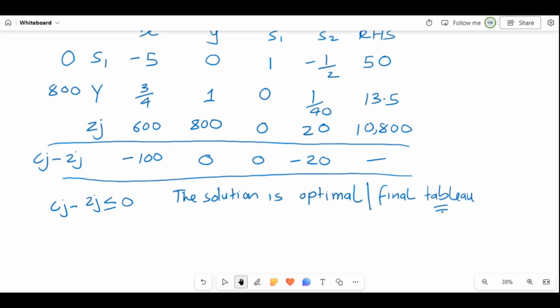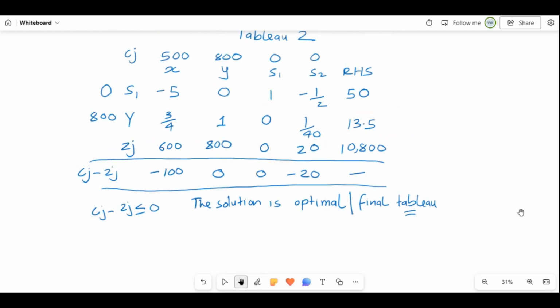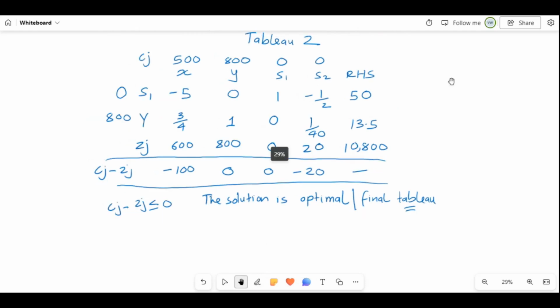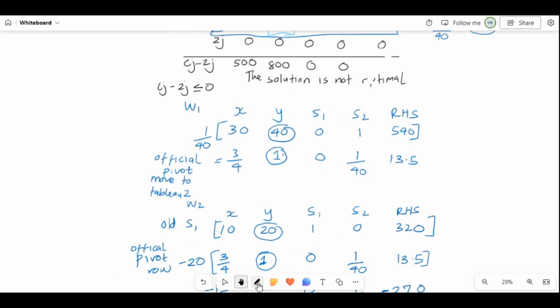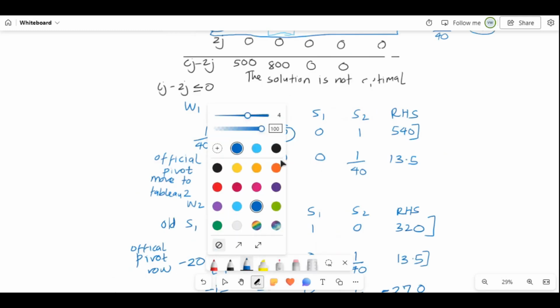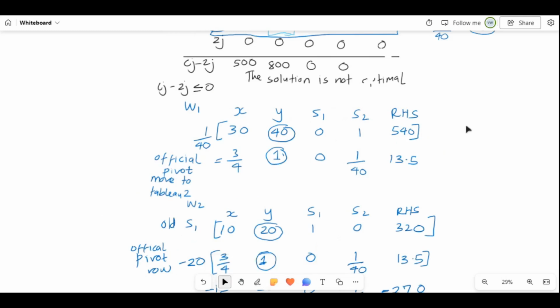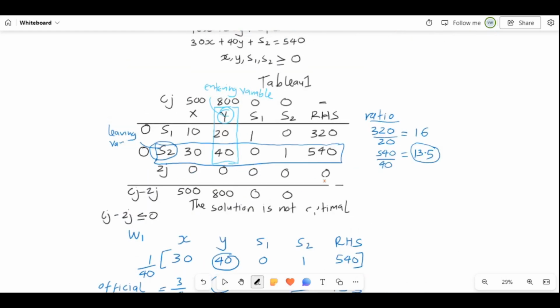So after reaching optimality, how do you interpret this final tableau? Remember what we said at the beginning, and if I take you back in table 1, in our initial tableau, at this point we said the profit was 0 and all the resources were fully available.